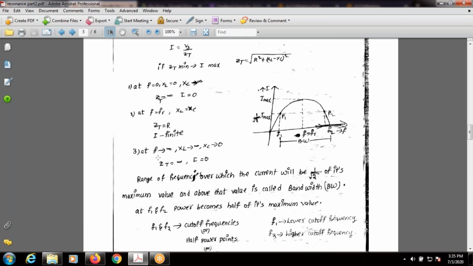Now in the third case, at F equal to infinity, XL is equal to infinity and XC is equal to 0. Again the impedance is equal to infinity and the current is equal to 0. That indicates that at F equal to 0, the current is 0. At F equal to infinity also the current is 0. At F equal to FR only, the current is finite, that is V by R.